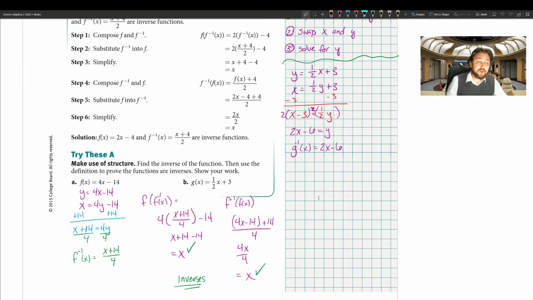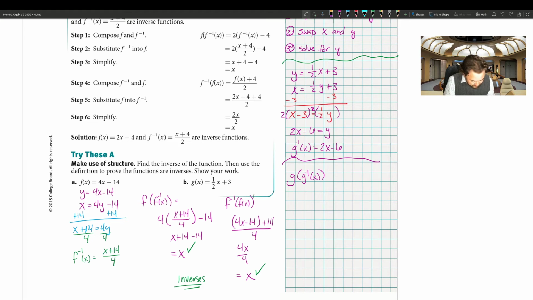We're going to do both variations and see what we can find. Let's do the first one first. I'm sorry, it should be g, I'm used to f of x's. G of the inverse of x. We take our inverse and plug it into our original.